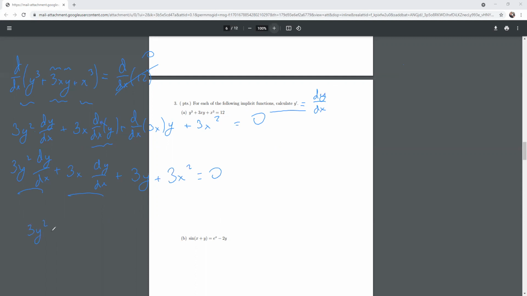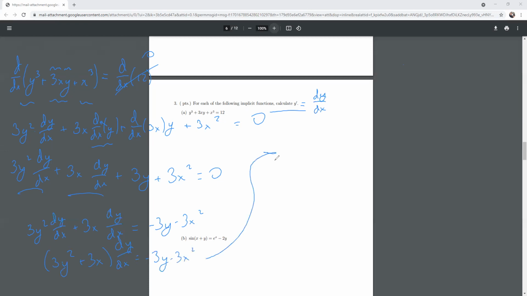3y squared dy/dx plus 3x dy/dx equals minus 3y minus 3x squared, right? Now we're going to isolate dy/dx. We can factor it out of both of them. Equals minus 3y minus 3x squared.